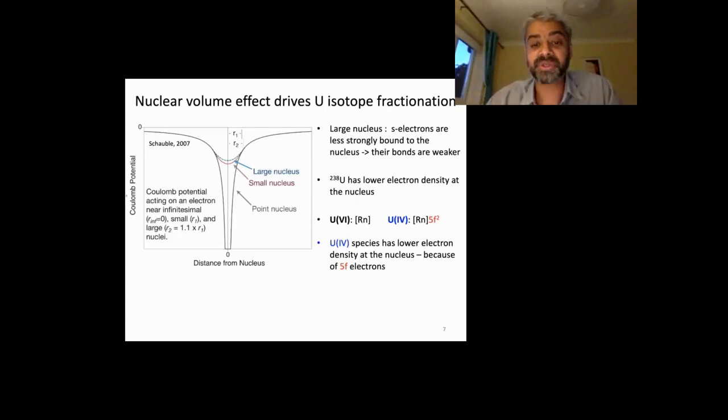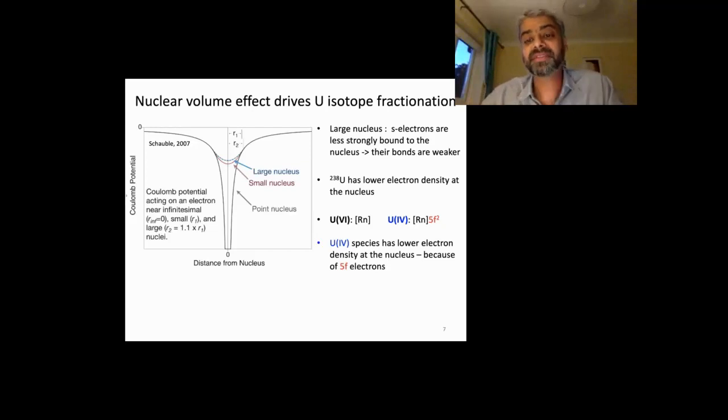Now, if you look at the geochemistry of uranium species, uranium-6 has the electronic configuration of radon, while uranium-4 has 2 5f electrons. Because of the presence of these 5f electrons, these electrons screen s electrons. So that means these 5f electrons lower the electron density at the nucleus.